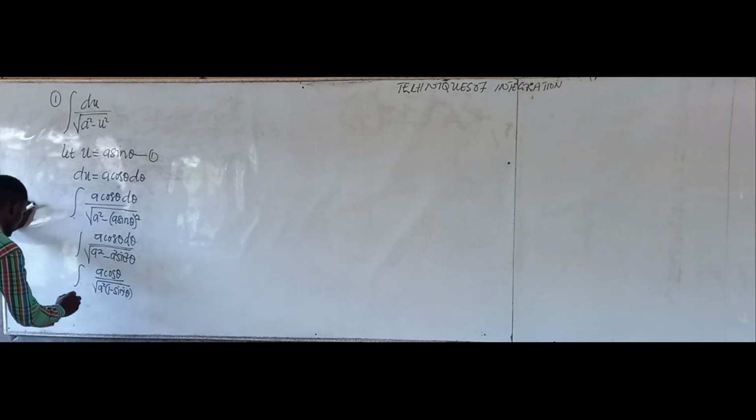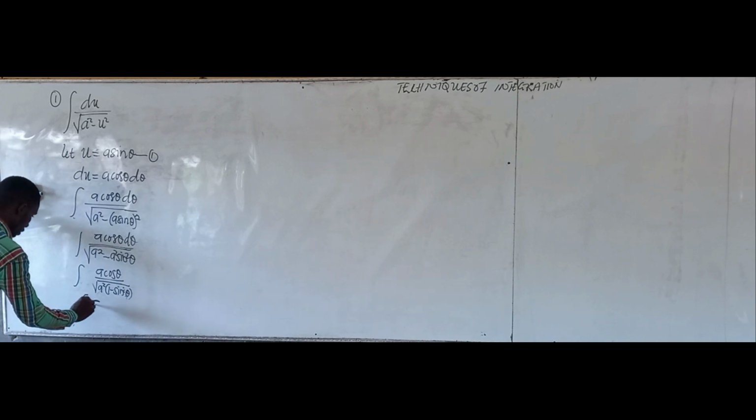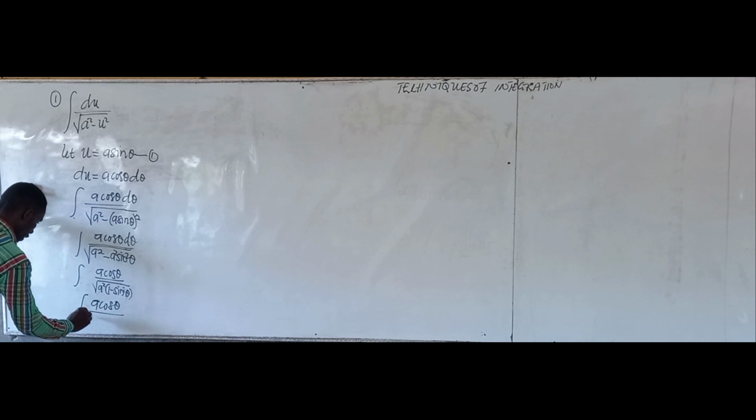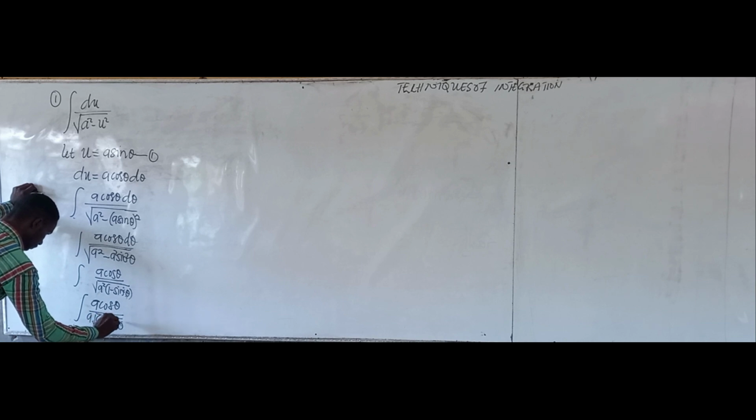So this one will give me integral a cos theta d theta over a multiplying square root of 1 minus sine squared theta.